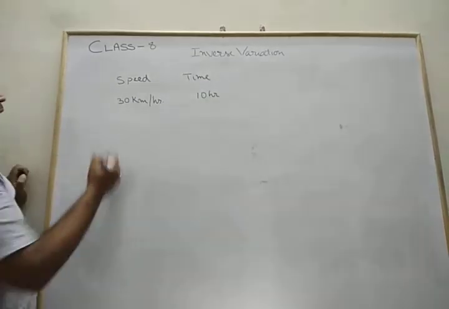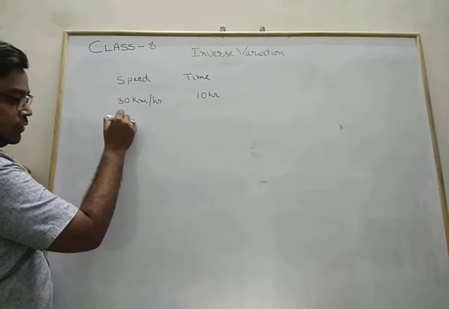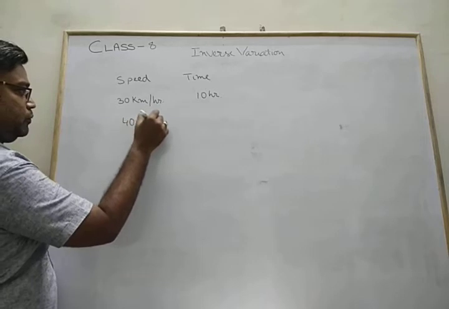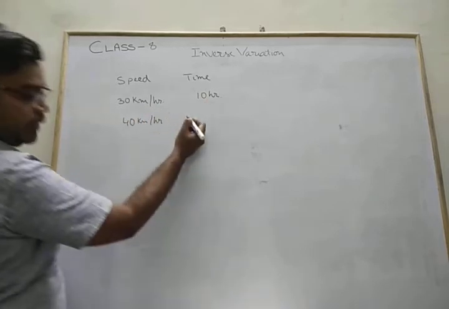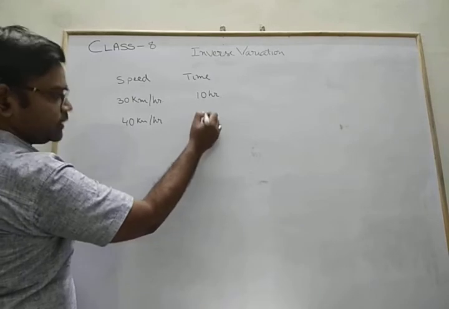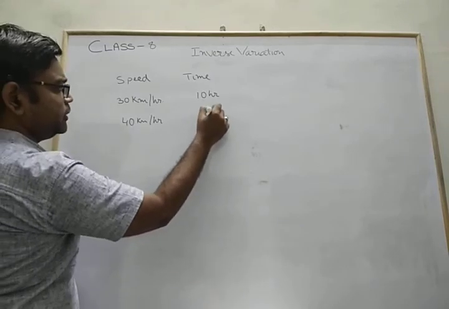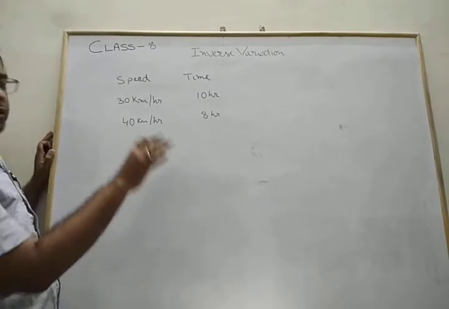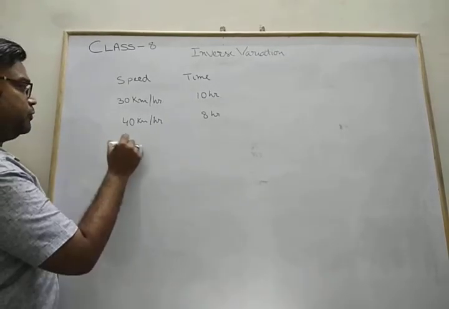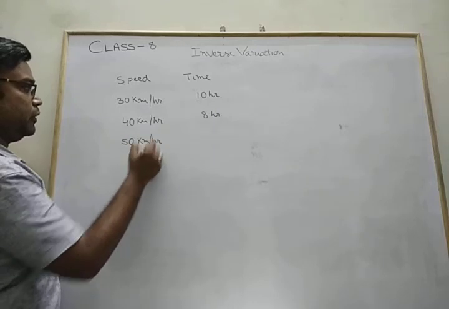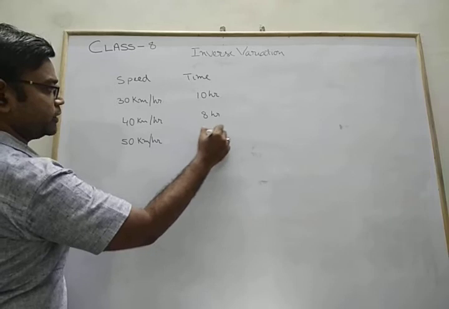If we increase the speed from 30 to 40, then suppose the time taken is 8.5 hours, or we can say 8 hours. In general, it's just an example, not an exact one. Then we increase to 50 km per hour, and the time is 6 hours.